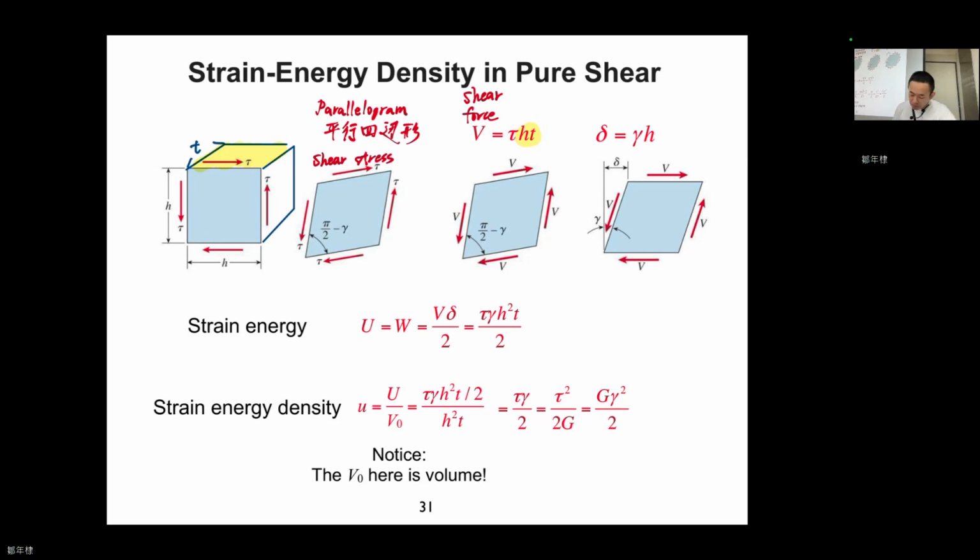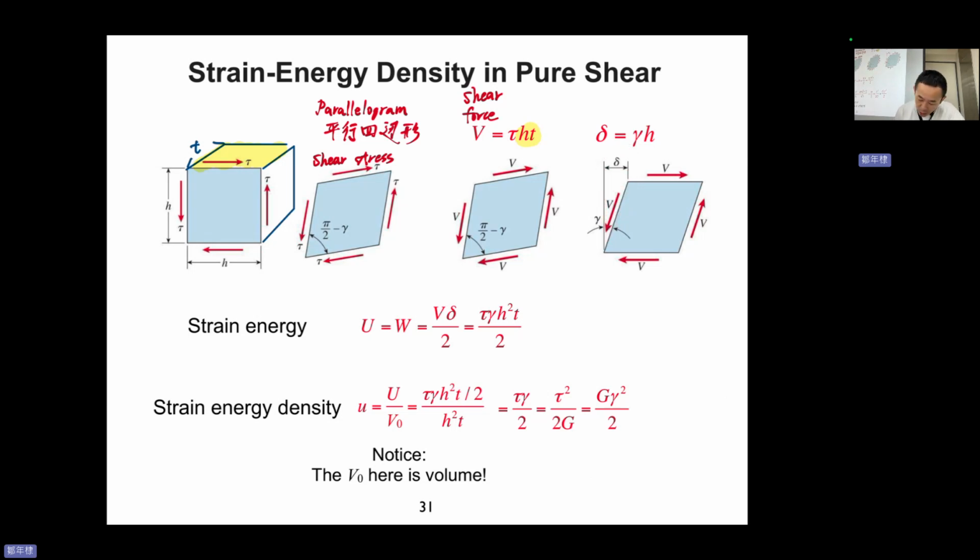Then if we put this parallelogram onto the floor, you can notice that there is a triangle here, and this height will be delta.